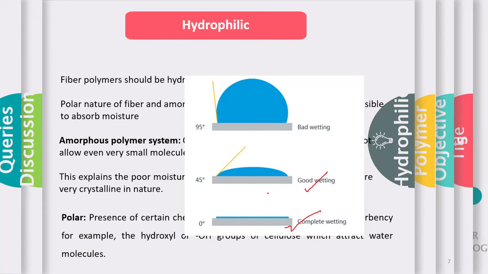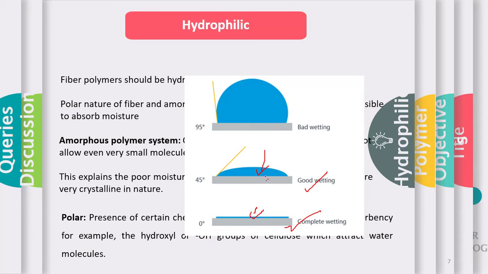That means the droplet we are putting in the first case is completely absorbed by the fiber. Whereas in the second diagram, the water droplet we put on the polymer surface is not absorbed completely. Instead, only some part of the water molecules has been absorbed by the polymer system.